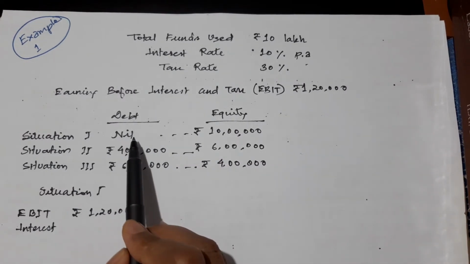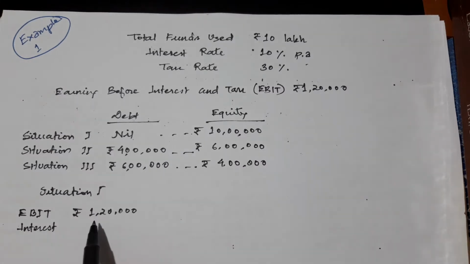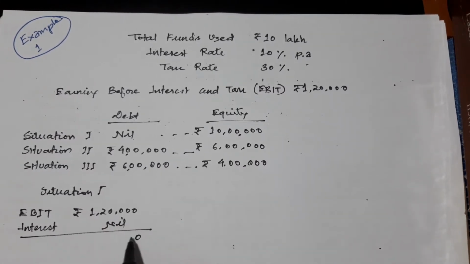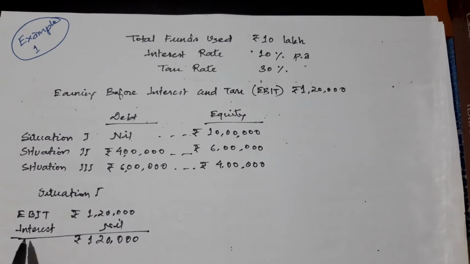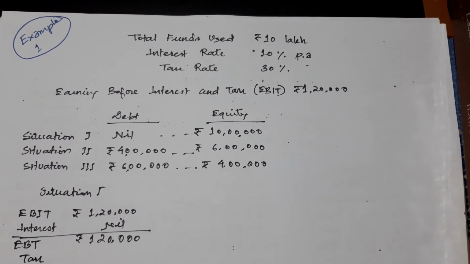On the debt fund amount. But in situation 1, you have seen the debt fund is nil, so interest will also be 0. Now this amount is earning before tax, after interest, but actually there is no interest in this situation.